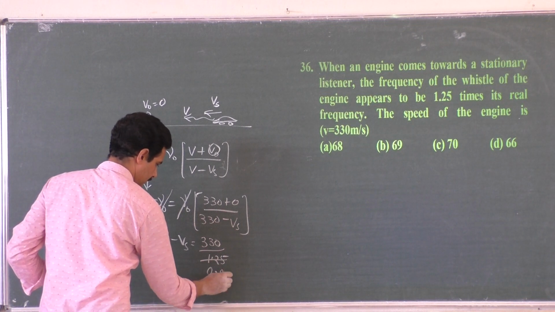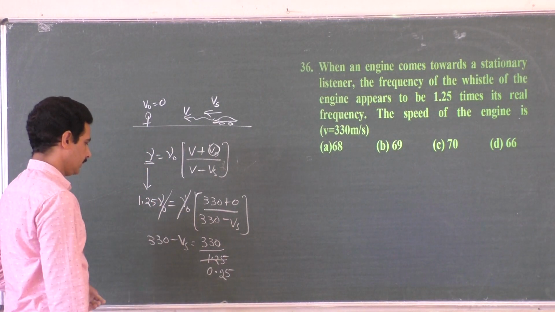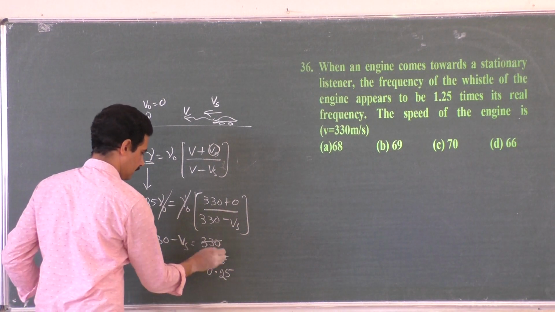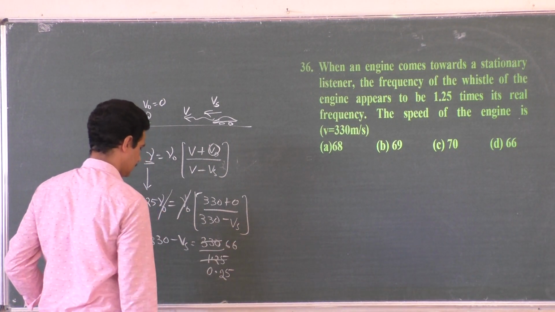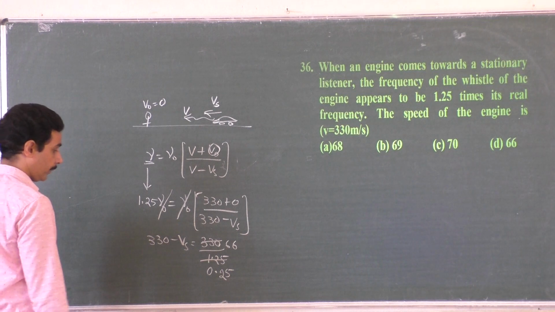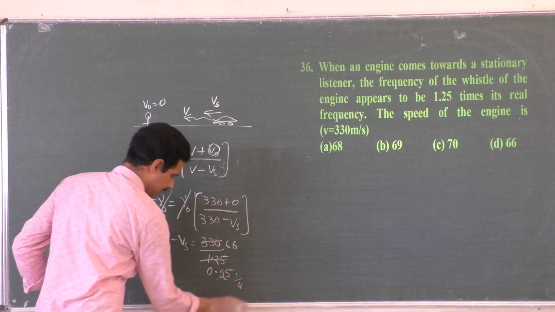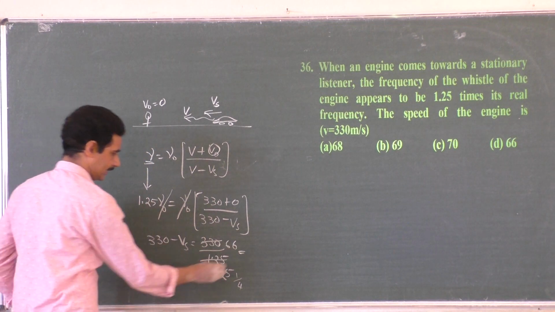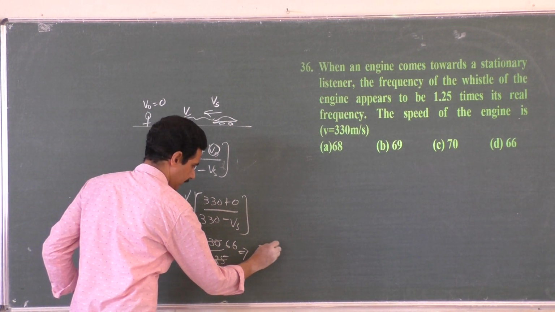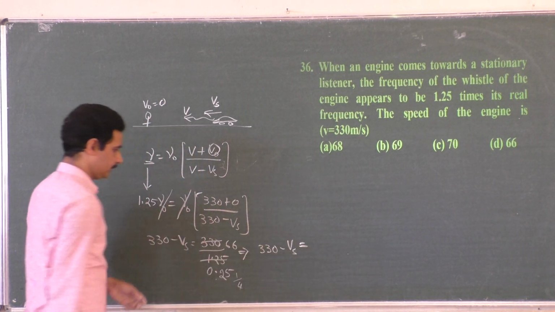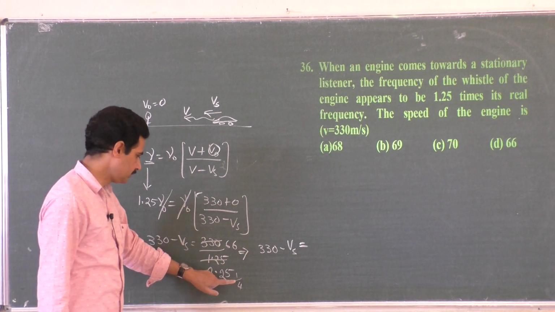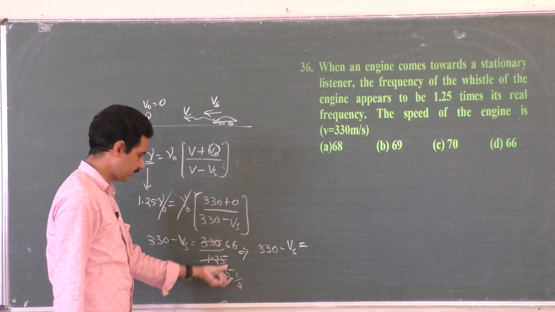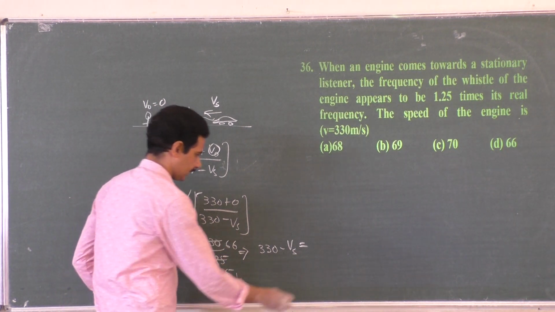Anything 0.25 can be written as 1/4. That is an advantage for us now. So 330 minus Vs is equal to 4 into 66, because 0.25 is 1/4. 4 comes to the numerator.